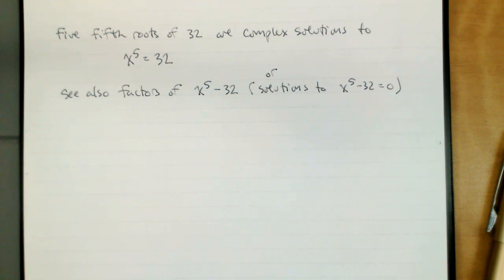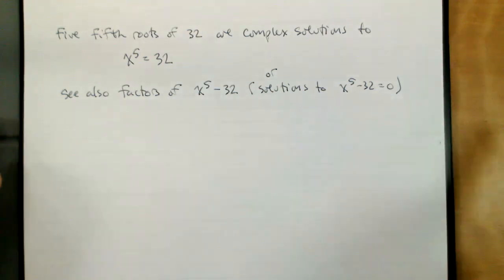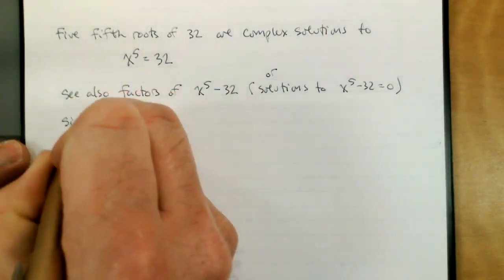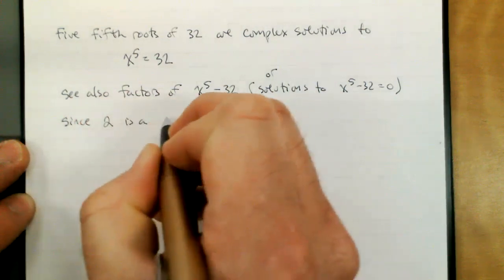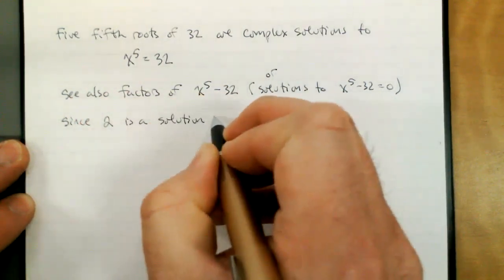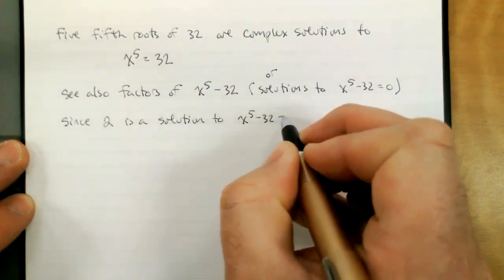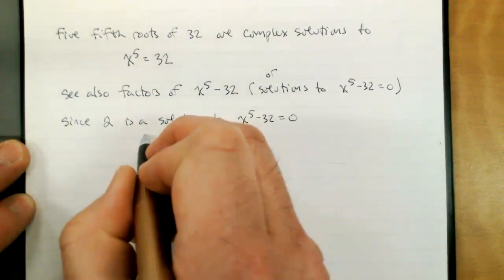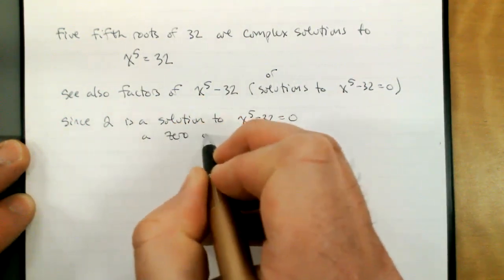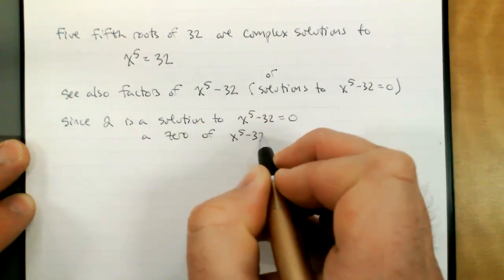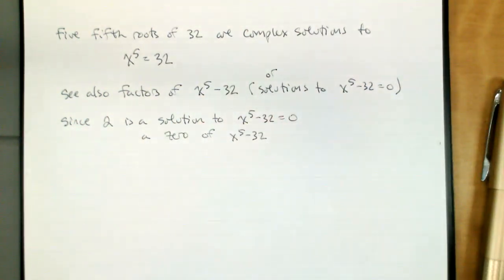Moreover, this is all still tied to the stuff that we know about factoring polynomials. Since 2 is a solution to the polynomial equation x to the 5th minus 32 equals 0, or we could say 2 is a zero of x to the 5th minus 32.